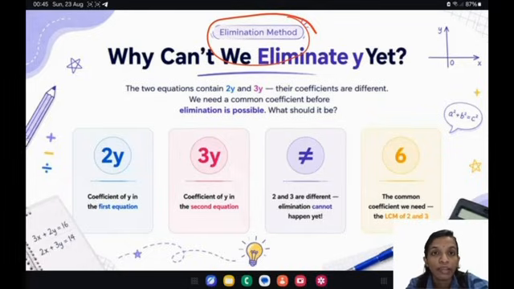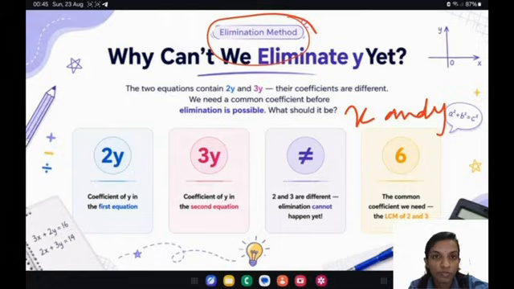At the moment, we have two unknowns, x and y, as the variables. If we make one of these variables disappear, we will be left with an equation containing only one unknown, and an equation with one unknown is much easier to solve. So our goal is to eliminate one variable.